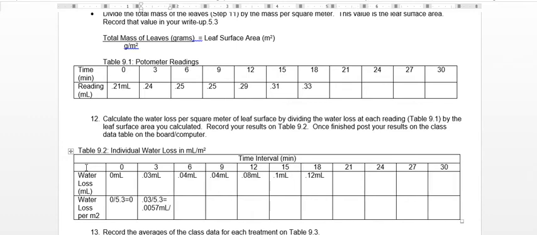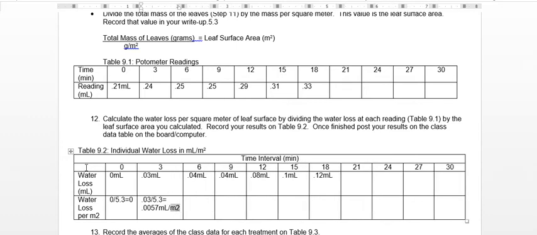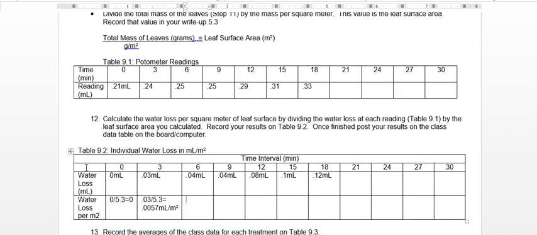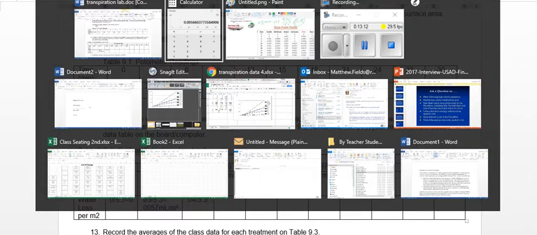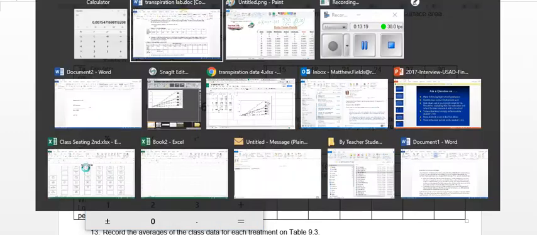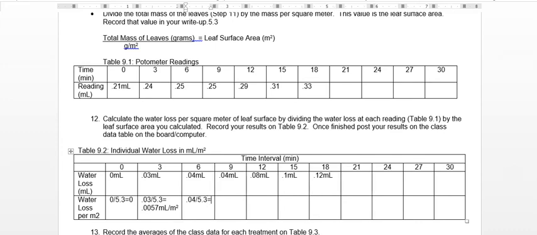Amount of water loss per meter square of leaf. For this next one, it would be 0.04 divided by 5.3, which is 0.0075 milliliters per meter squared.